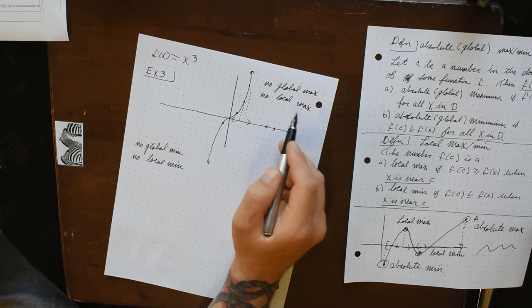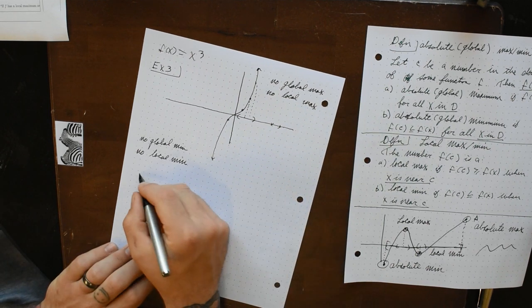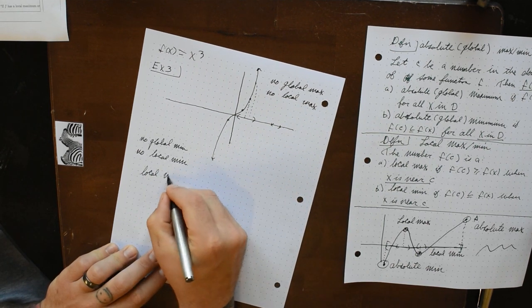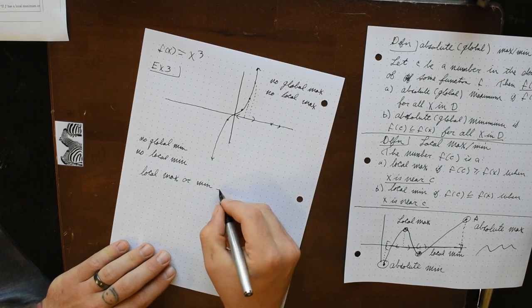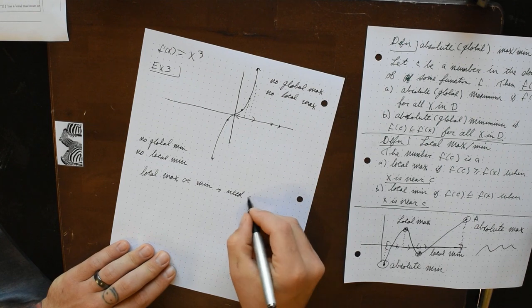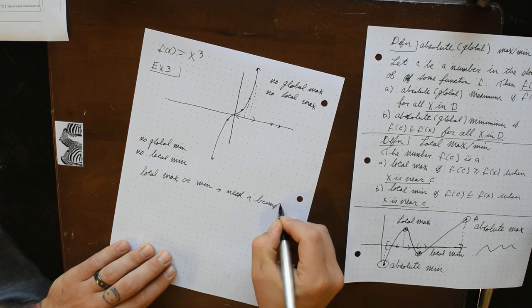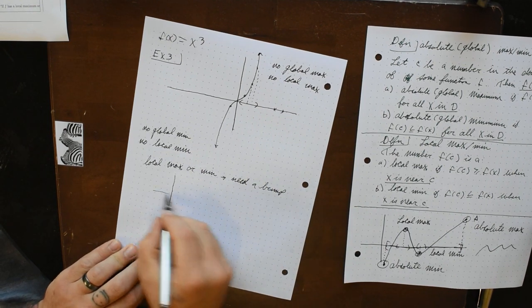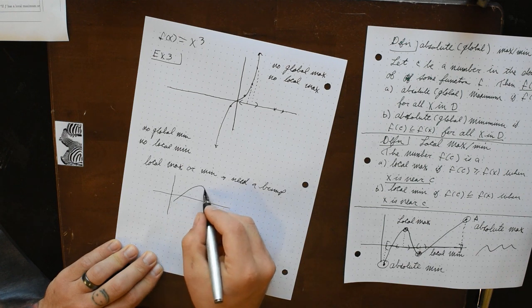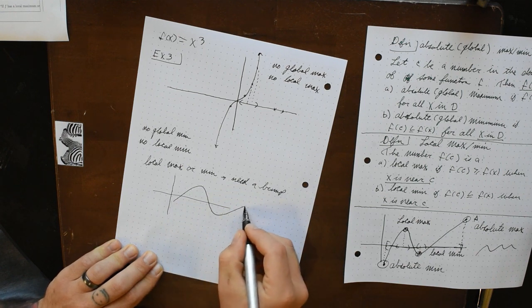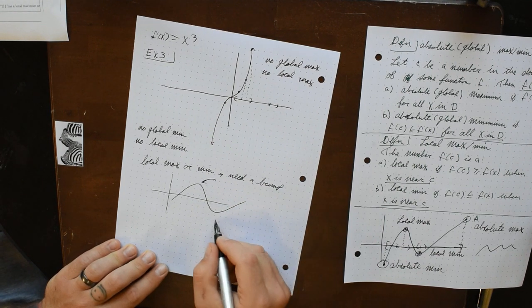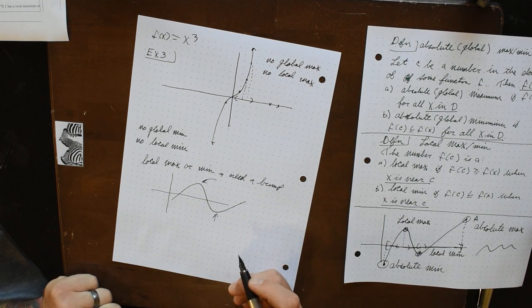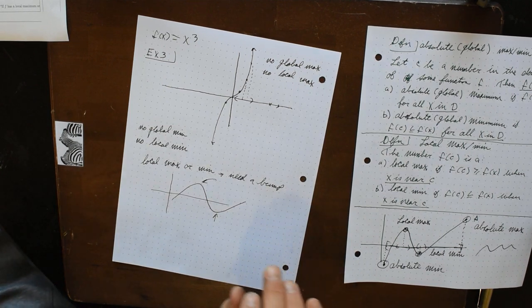So, no local max. For a local max or min, you need a bump. By a bump, you need something that goes up and then goes down, or down and then goes up. You can have a local max there, and similarly you can have a local min over here. So just to be aware of.